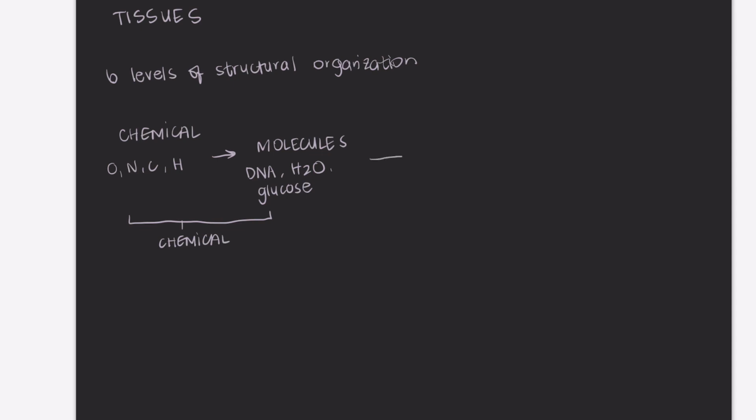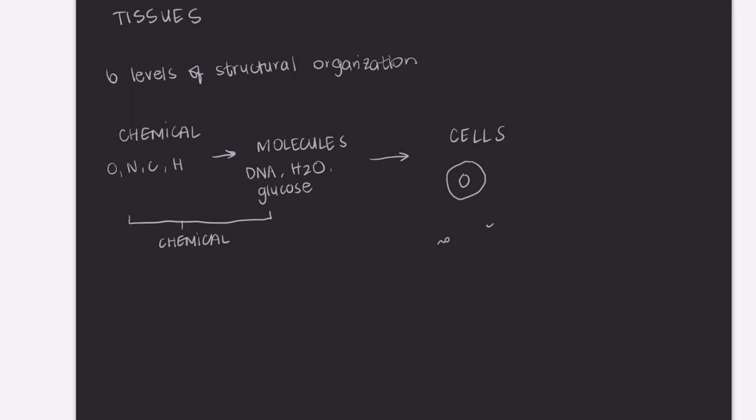These molecules are going to come together to form our cells. And our cells may come in different structures. They look different from one another. Maybe you have an epithelial cell. Maybe you have something like a sperm cell, which would be really, really little.